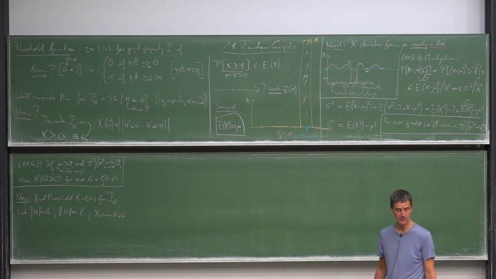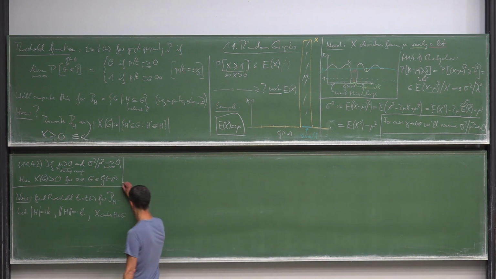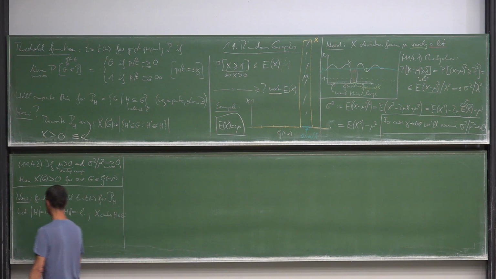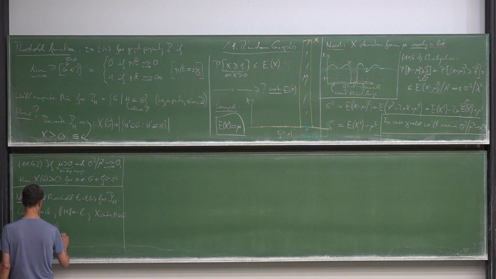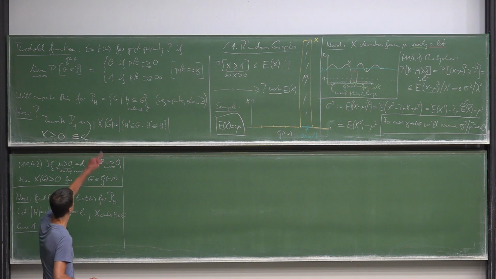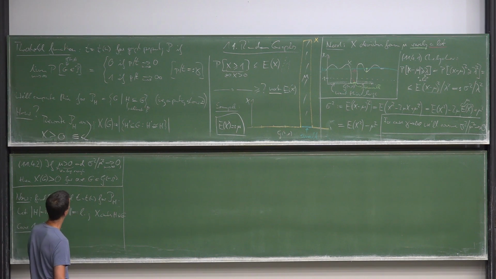So we want few copies of H in G. Right, we want the measure of all those G that do contain a copy of H, where X is positive, to go to 0. Okay.